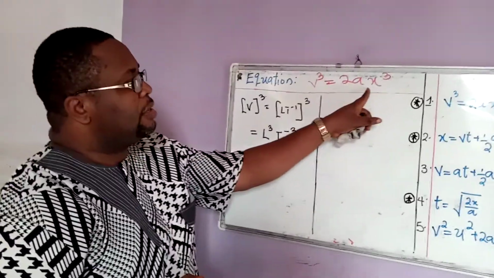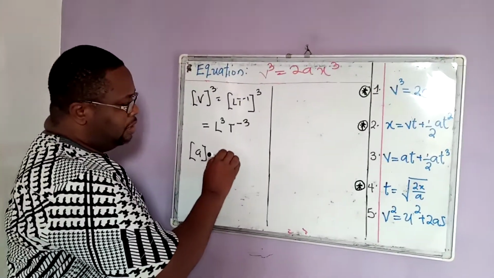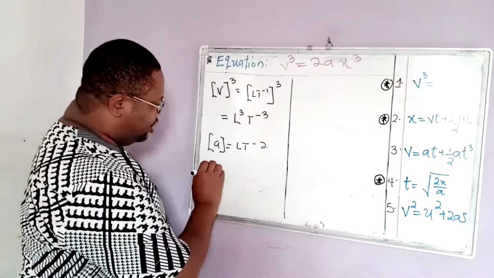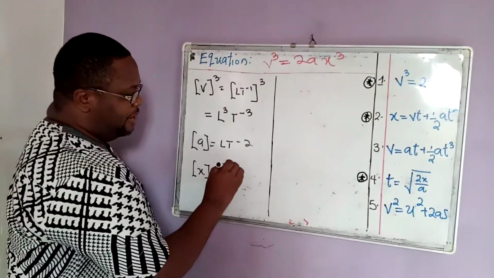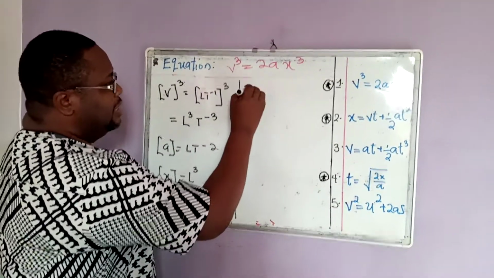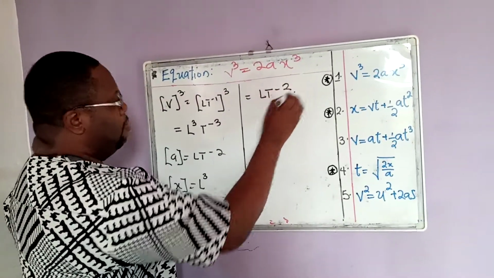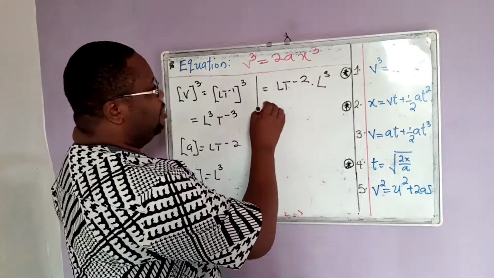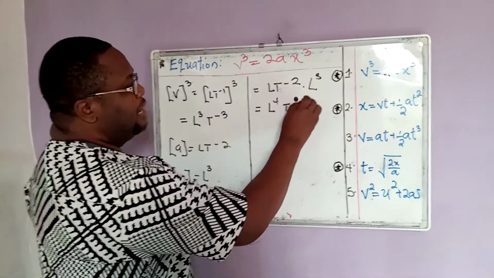Now let's investigate this term. The dimension for acceleration is simply LT^-2. The dimension for x is displacement, which is L, and because it is cubed, we have L^3. So the dimension of these two terms on the right hand side becomes LT^-2 multiplied by L^3, which gives L times L^3 is L^4 T^-2.